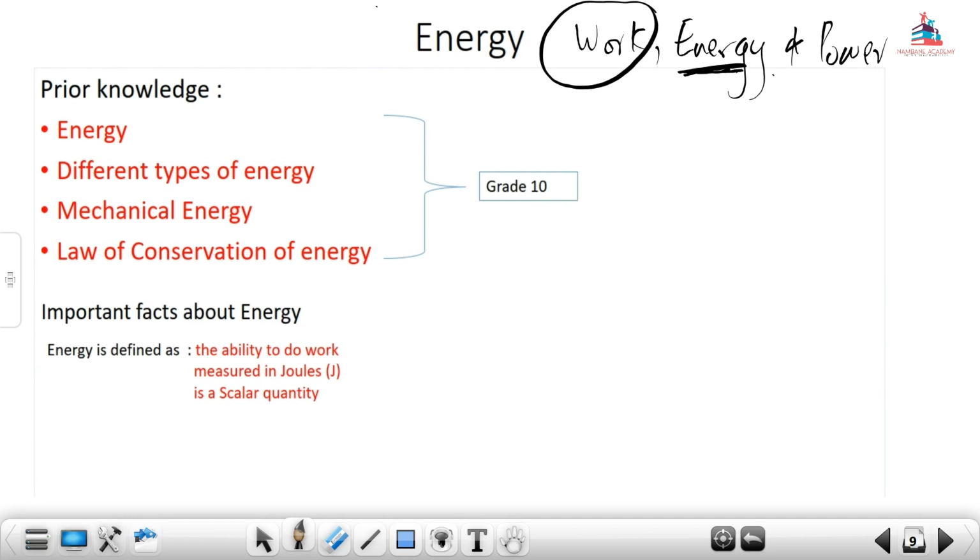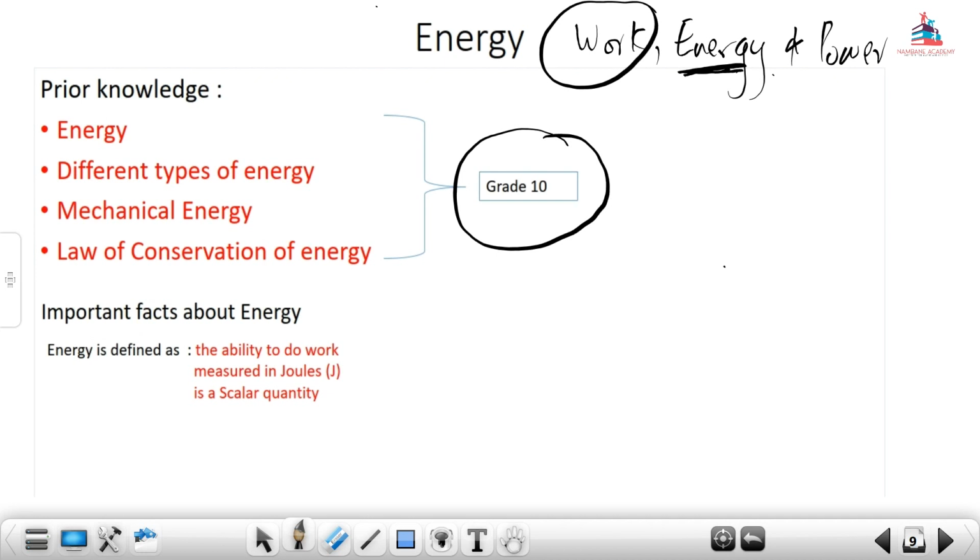And the question is, how best can we relate work and energy? Before we do that, we need prior knowledge from grade 10. Why specifically grade 10? Because in grade 10 is where we deal with different concepts that are related to energy.